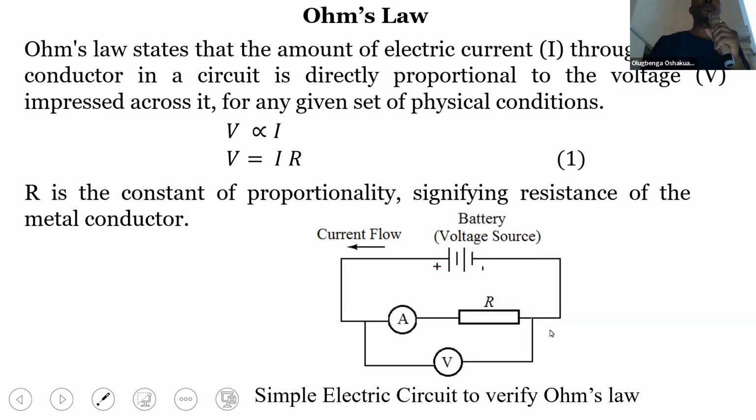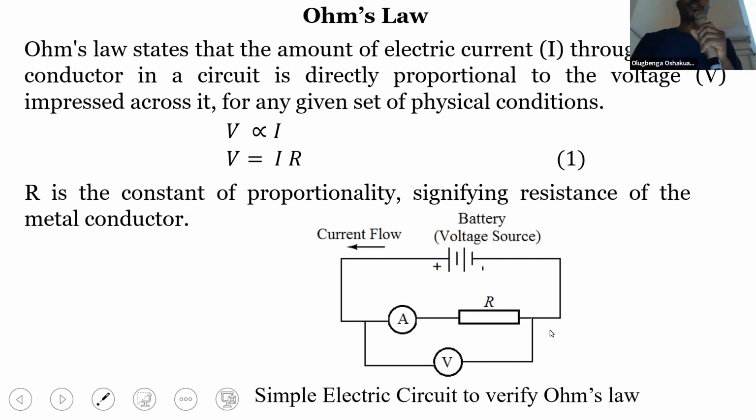Before now, we should have known that the ammeter is a device that measures current flow, and it has a very low resistance, while a voltmeter is a device that measures the voltage drop across circuit elements or the voltage supply across the voltage source, and it has a very high input resistance.